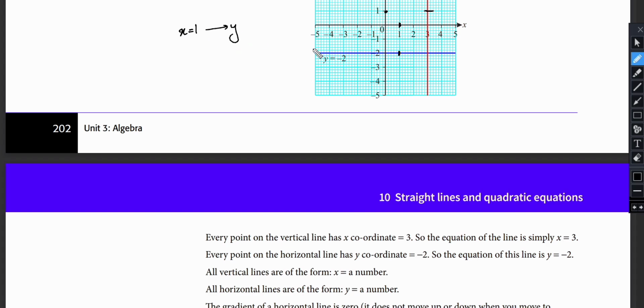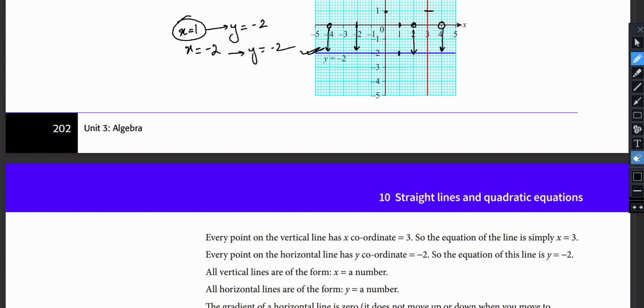So y is equal to -2. At x is equal to -2, y will be -2. At x is equal to -4, y is -2. At x is equal to 2, y is equal to -2. At x is equal to 4, y is equal to -2. At all the x positions, y is going to be the same.